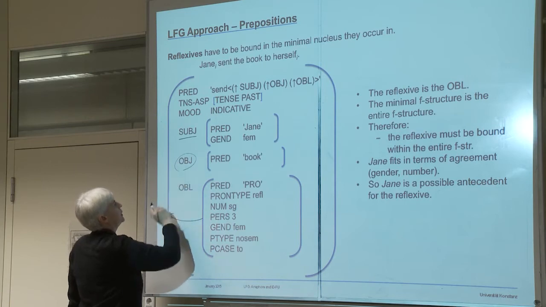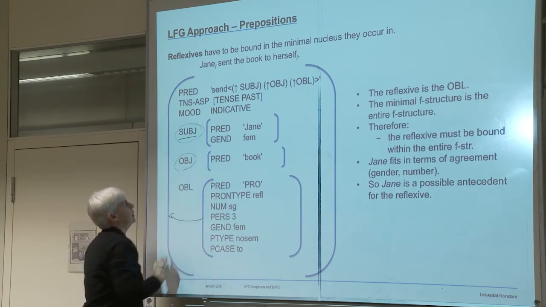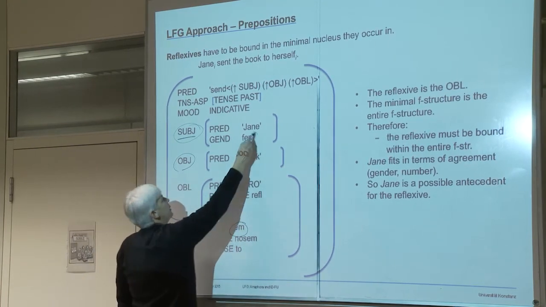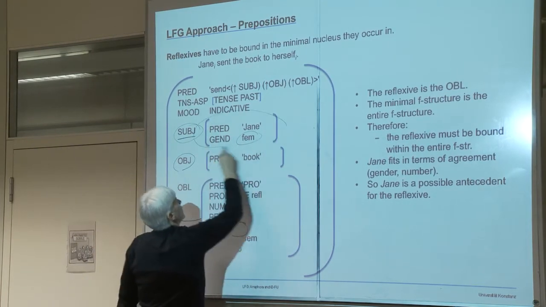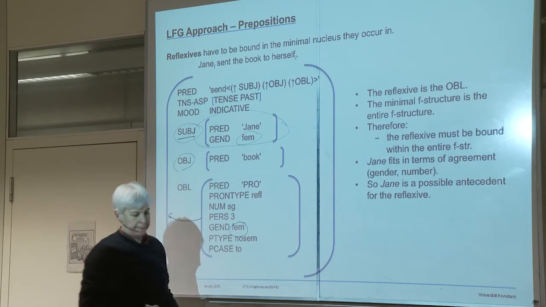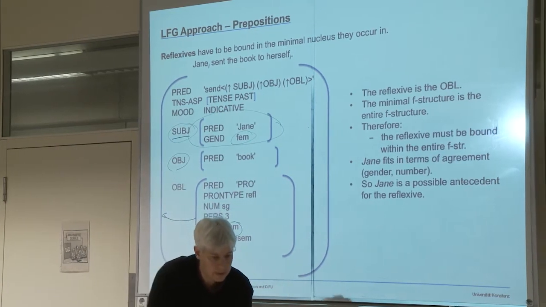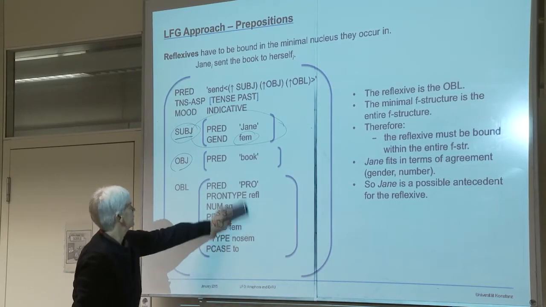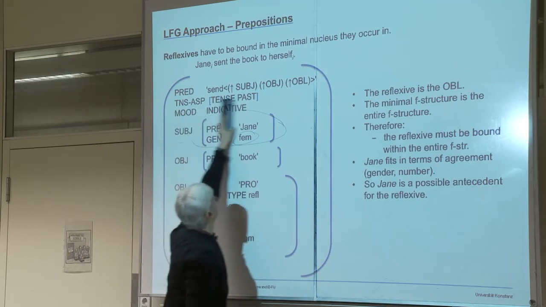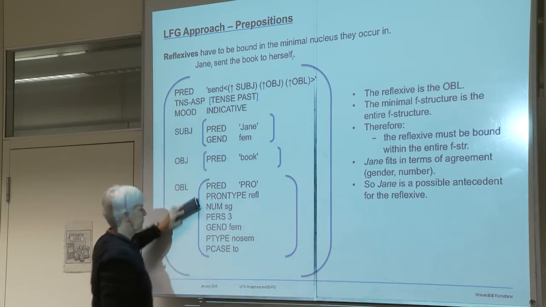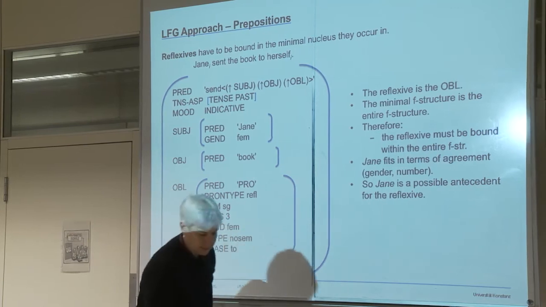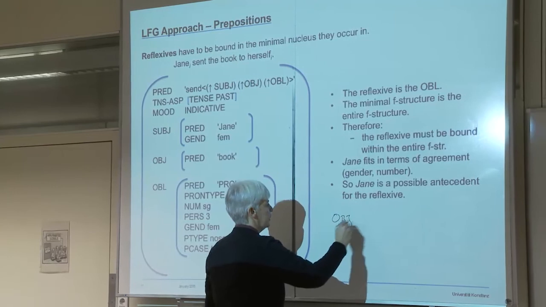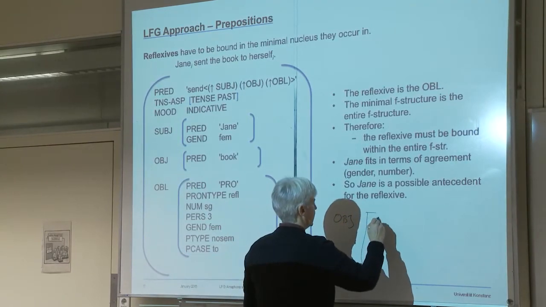This is a possible antecedent. This is a possible antecedent. This is feminine. Jane is feminine. So we'll pick this as our antecedent. Okay, so that works out quite nicely. And it's exactly the same effect as the other one where we had the object and an adjunct inside that.